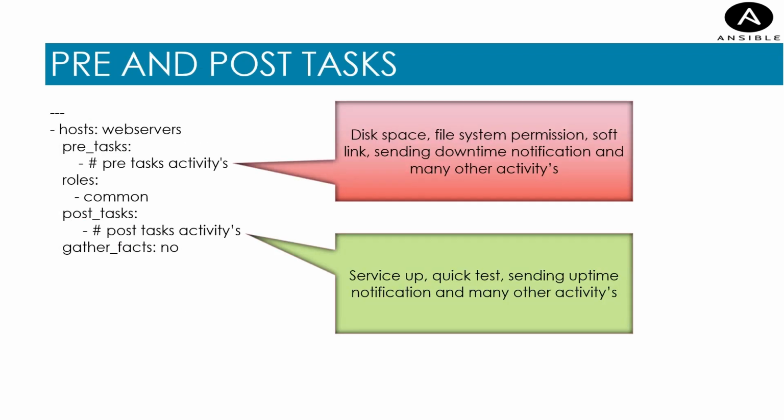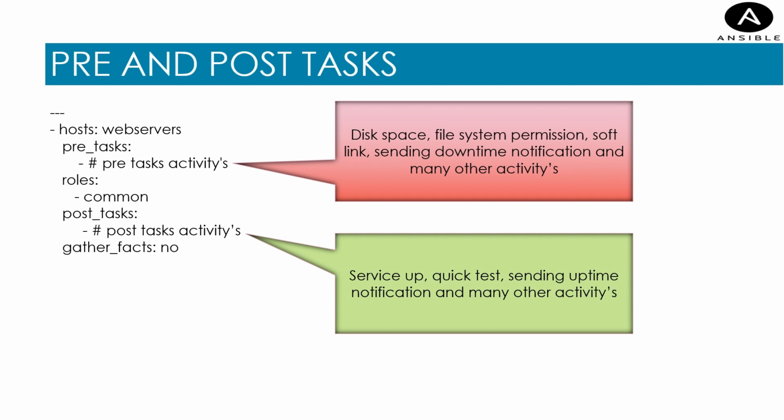So why do we use pre-task and post-task? Because sometimes while doing software provisioning, we need to do some kind of testing. Let's say before installing any software, I need 1 GB of disk space, 4 GB of RAM, and so forth. We can perform that activity inside the pre-task.